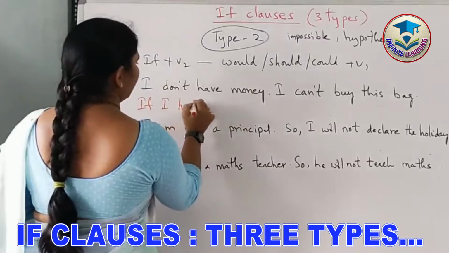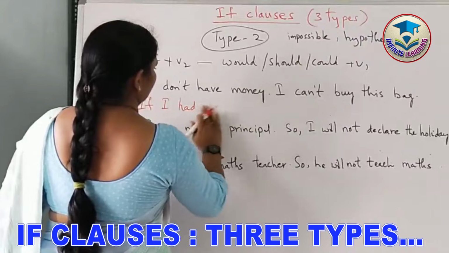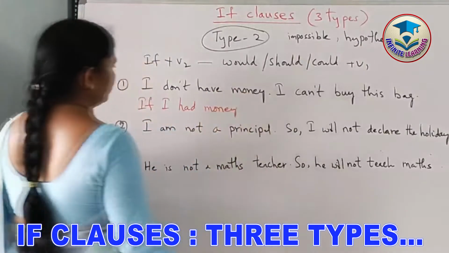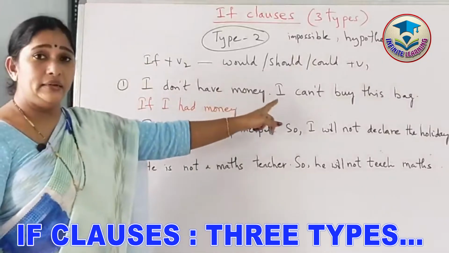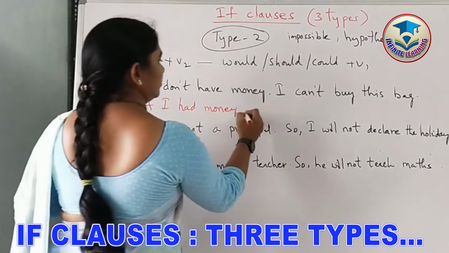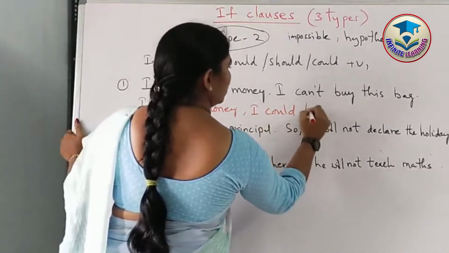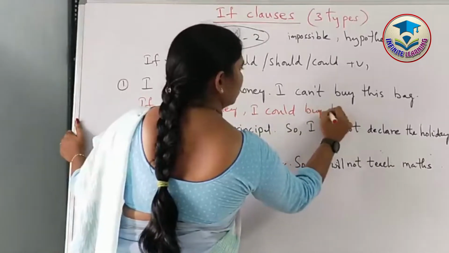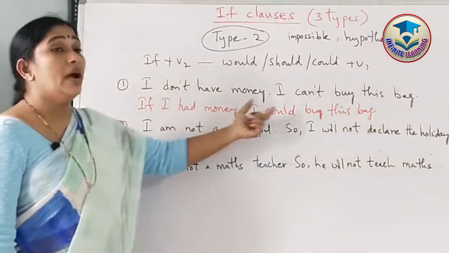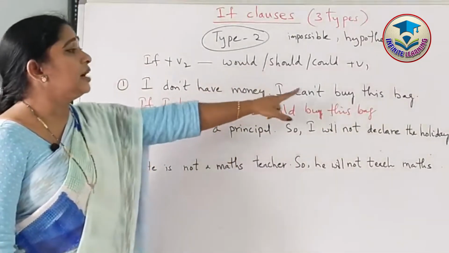If I had money, I could buy this bag. I don't have money, I can't buy this bag.